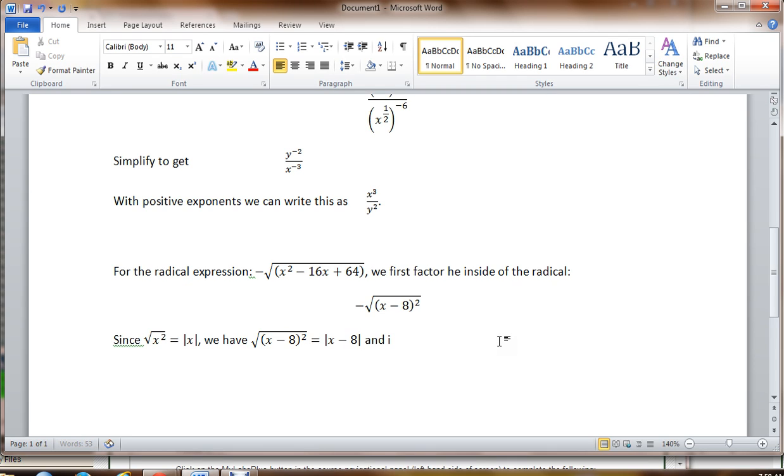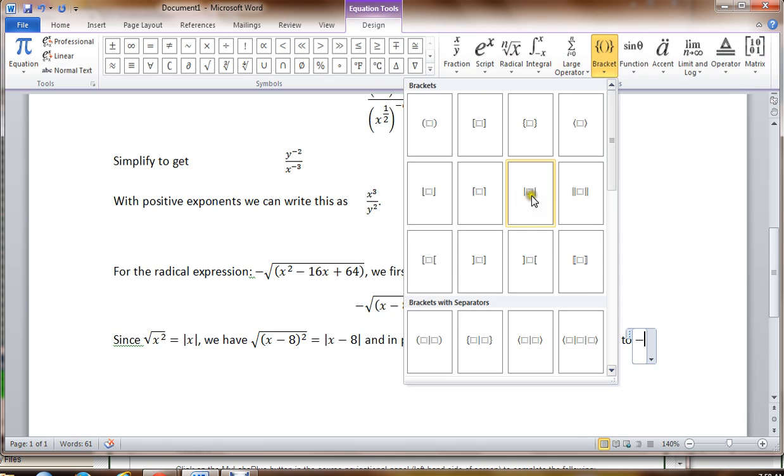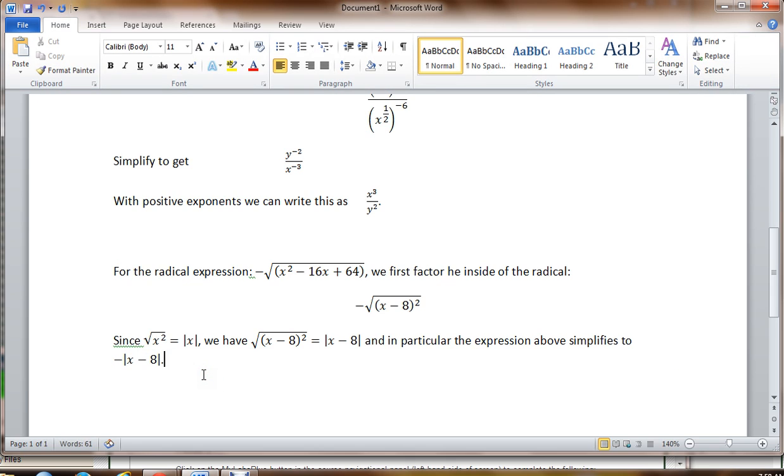And in particular, the expression above simplifies to just the minus sign that was sitting out here in advance, and then the square root of x minus 8 quantity squared simplifies to just the absolute value of x minus 8. And that's it.